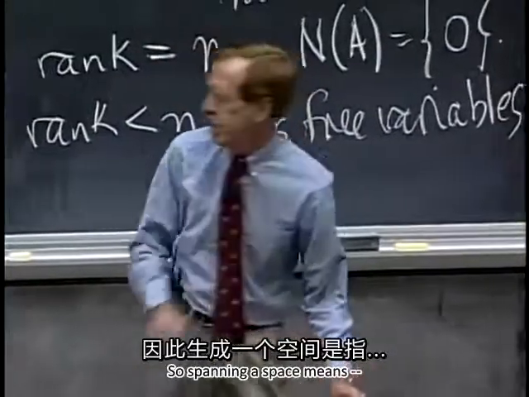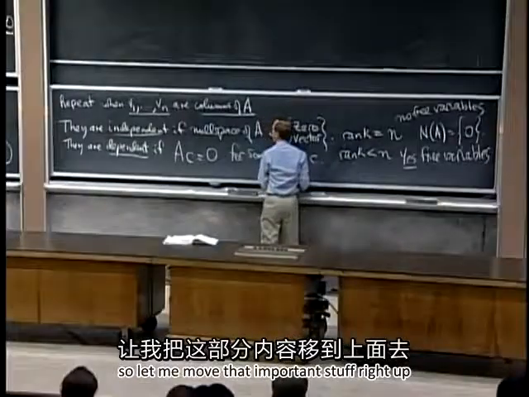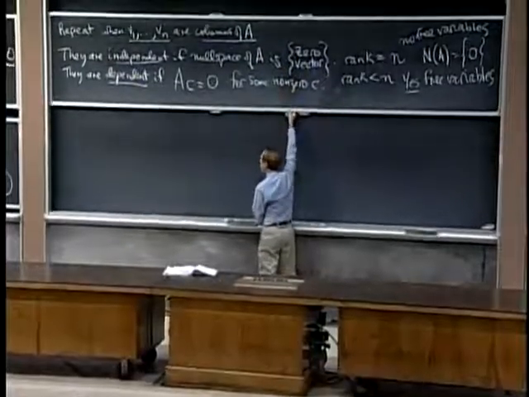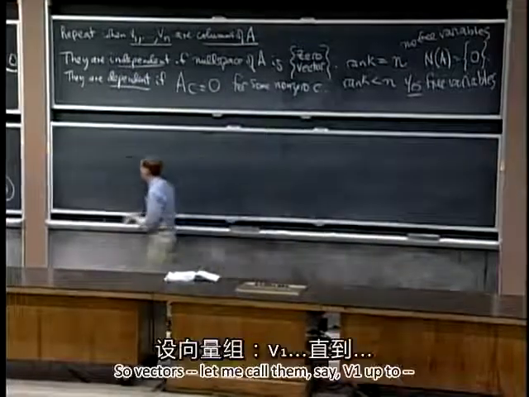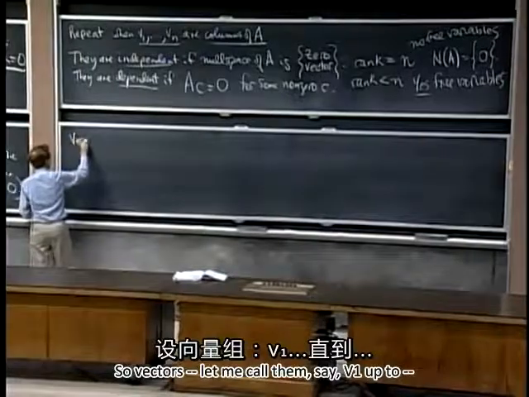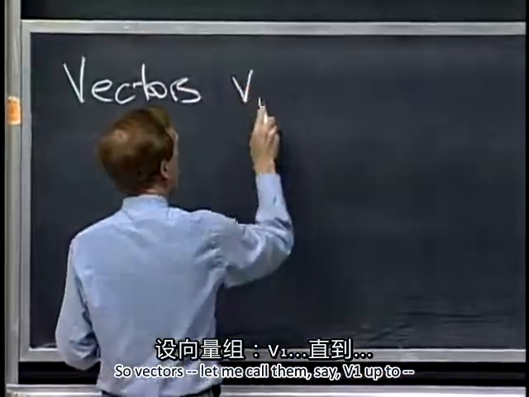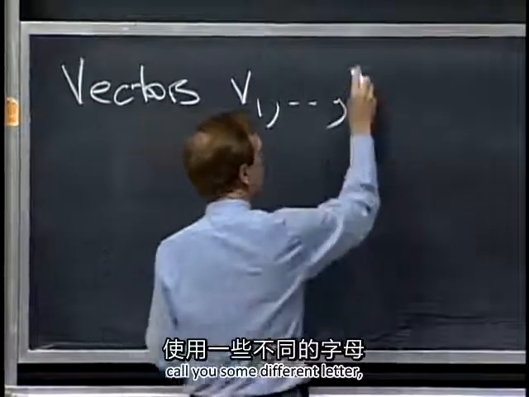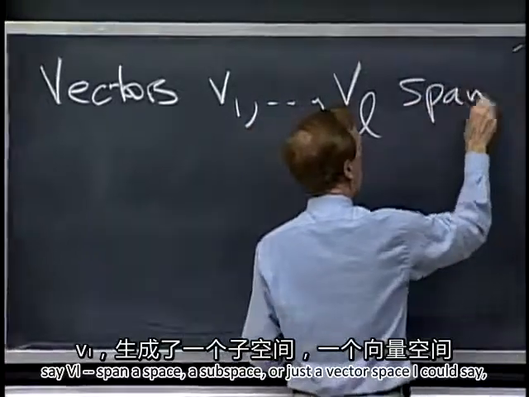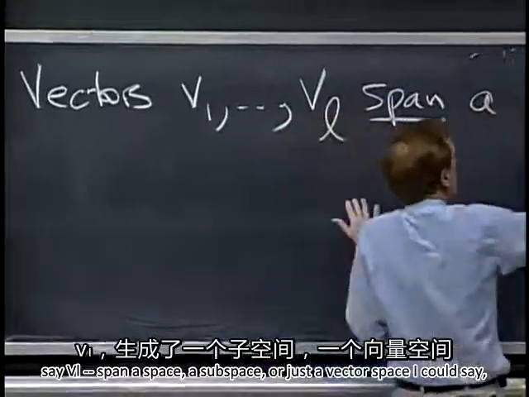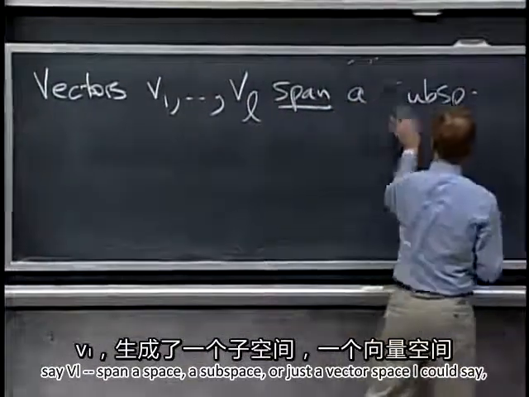So spanning a space means, let me move that important stuff right up. Okay, so vectors, let me call them, say, V1 up to, I'll use some different letter, say VL, span a space, a subspace, or just a vector space, I could say.